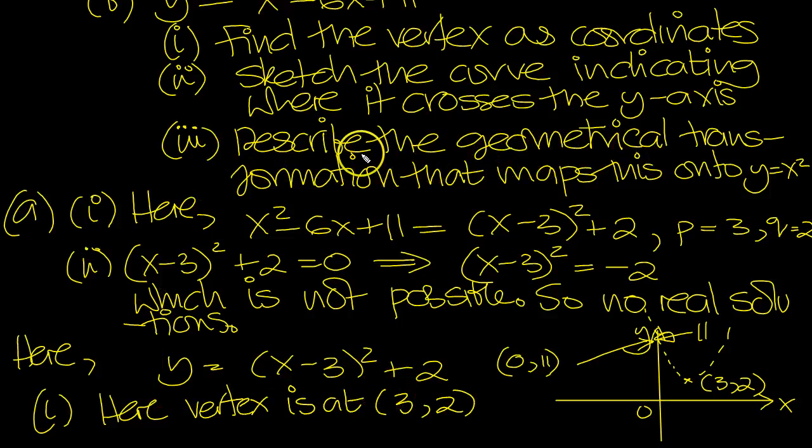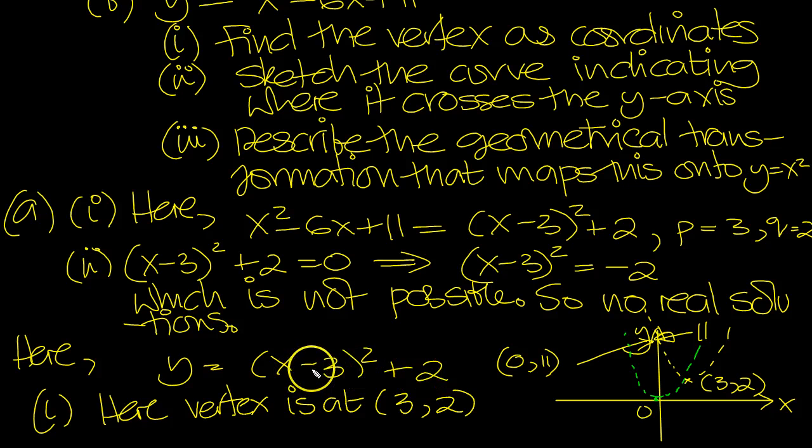So describe the geometrical transformation that maps this onto y equals x squared. So the curve y equals x squared is here. So something squared, so it's just going to shift that down to here, wouldn't it? That curve just simply needs to move.